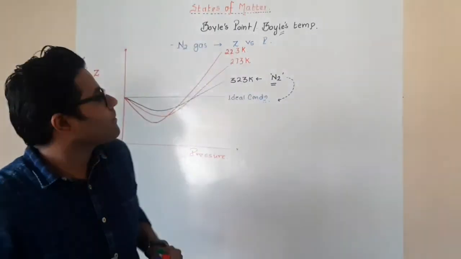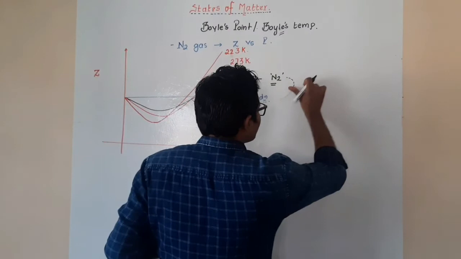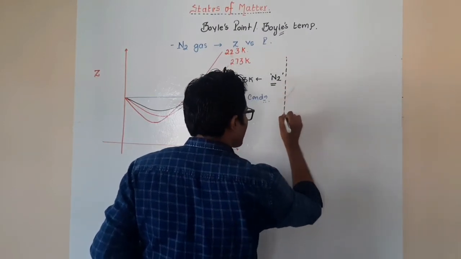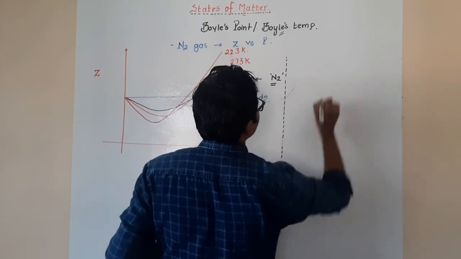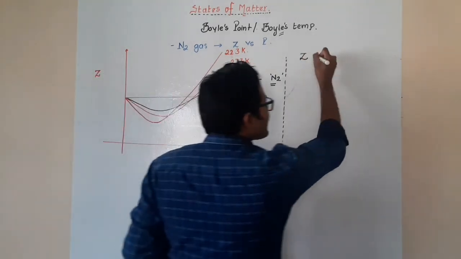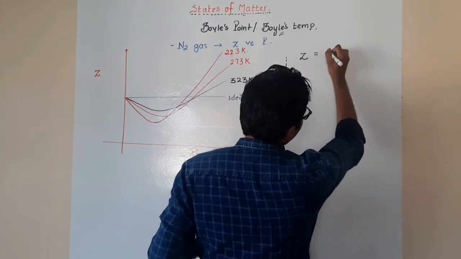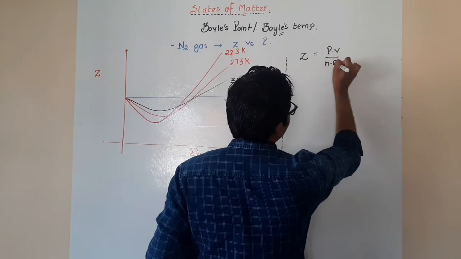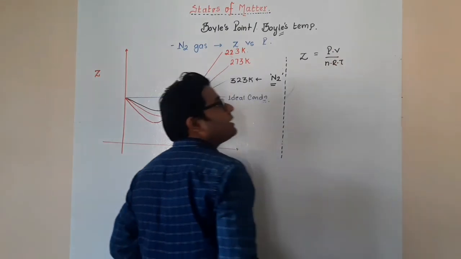Now let us continue with this point. Let us say we have the compressibility factor, Z. Z is equal to PV divided by nRT.